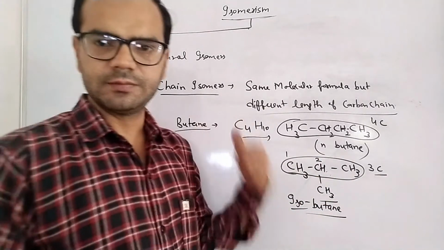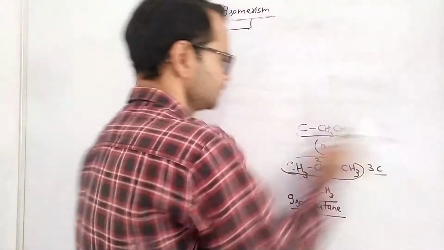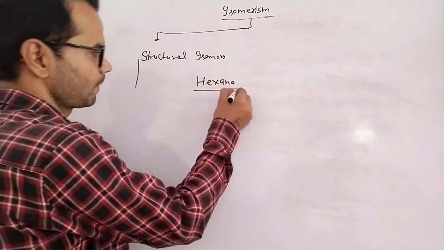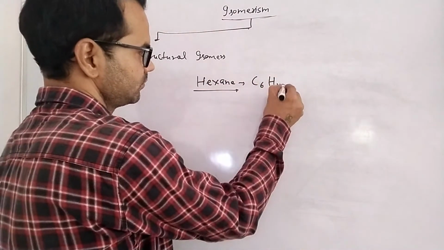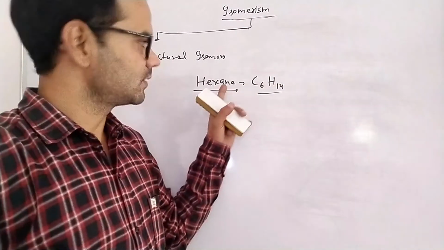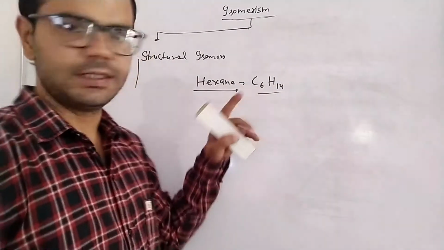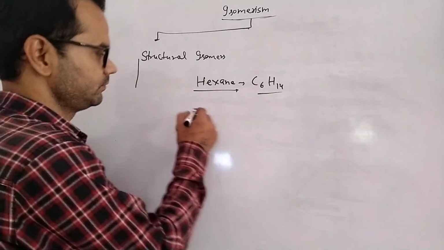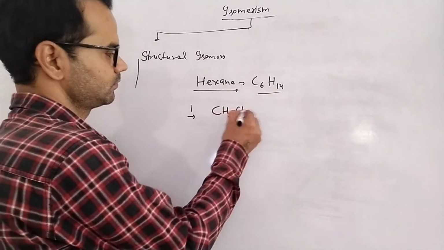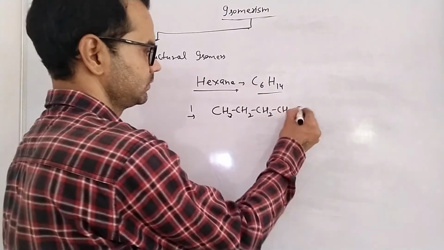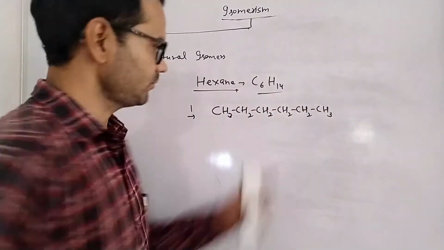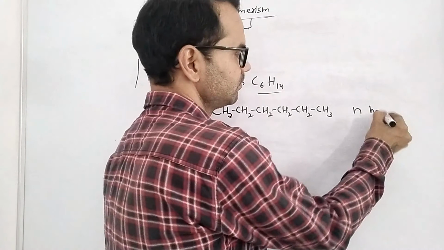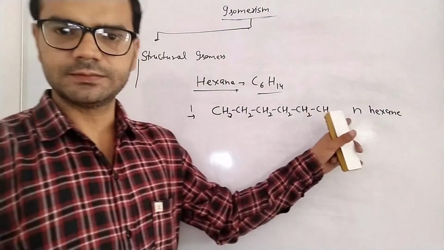Let us understand one more example. Now we have hexane, C6H14. Hexane can be represented in 3 isomeric forms. First is a straight chain of 6 carbons. If the chain is straight, linear, then the isomer is N. This is N-hexane.